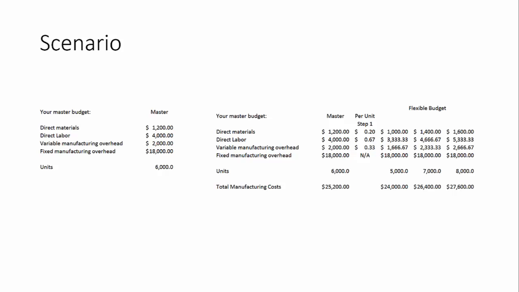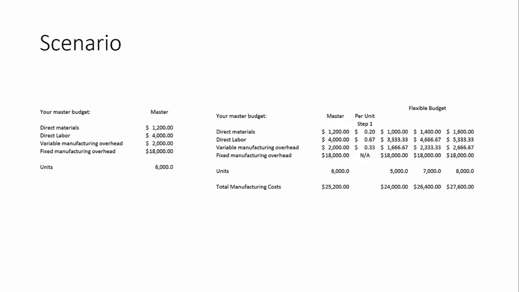The same for the 7,000 units. We take that times the 20 cents per unit, and our direct materials budget for the 7,000 units will be $1,400. So you see the logic that we're building here, because as those production levels go up or down, we're multiplying by that per unit cost for each of those variable pieces.